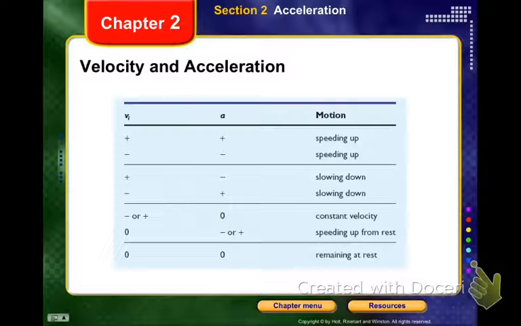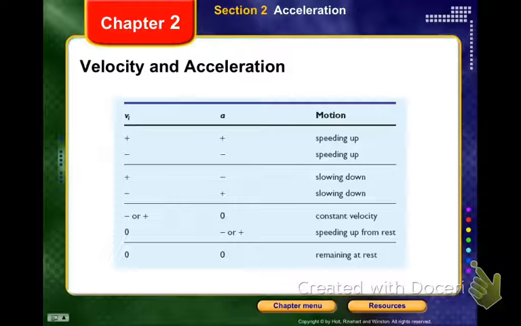So this is the chart that I was referring to about when you know if acceleration is positive or negative. It gives you several scenarios about what's going on with your initial velocity. Is it positive or negative? What does that do to your acceleration? And what does that mean as far as whether you are speeding up or slowing down? So you can look through those.